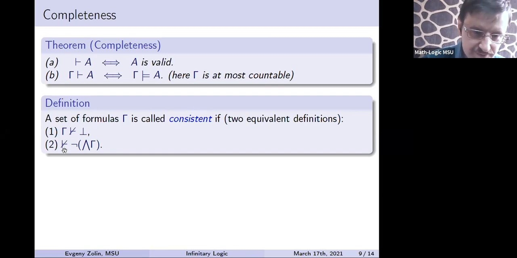Or equivalently, by the deduction theorem, it is the same as saying that conjunction gamma implies bottom is not provable, or equivalently, not conjunction gamma is not provable. So these are just equivalent definitions.